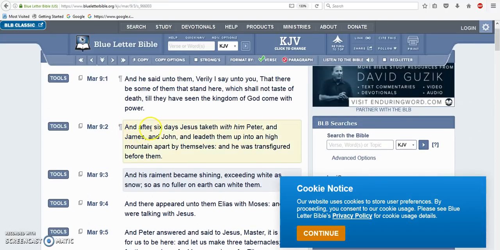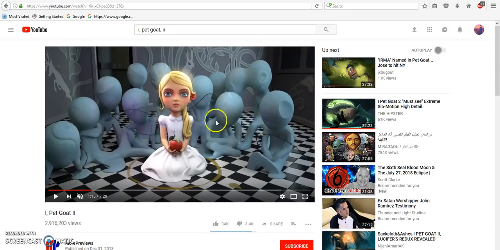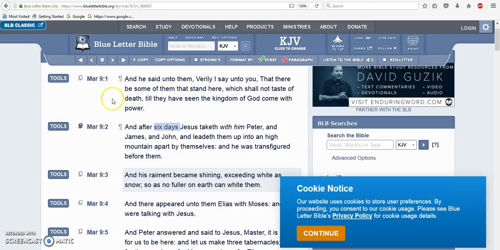It talks about that starting in verse 2. It says, "And after 6 days," and of course what's being represented in the I Pet Goat movie is after 6,000 years. That's when Eve realizes, or Lily realizes, that the apple no longer belongs to her, and so she drops the apple. And so that would be 6,000 years.